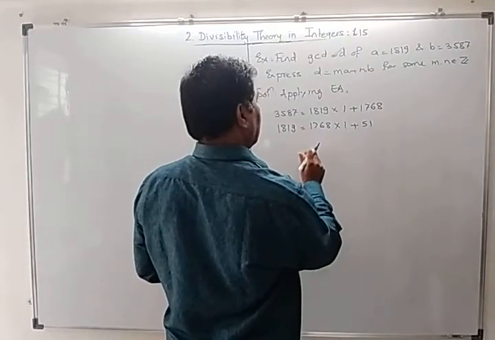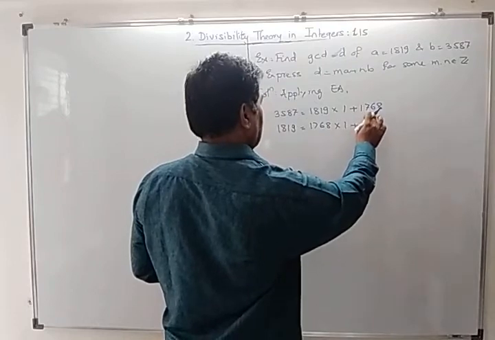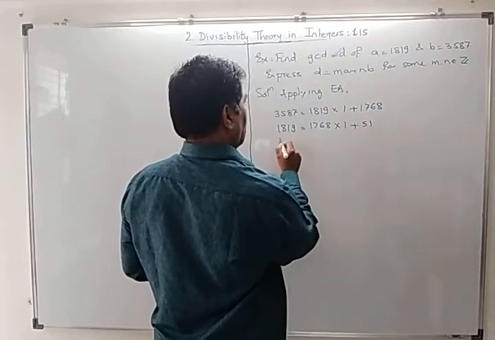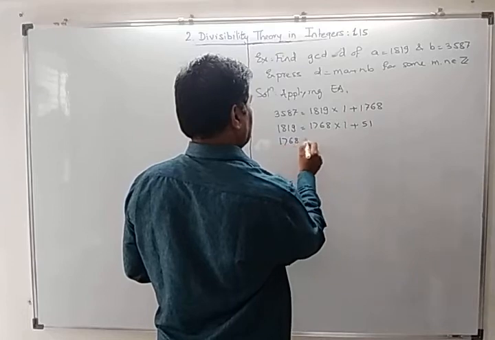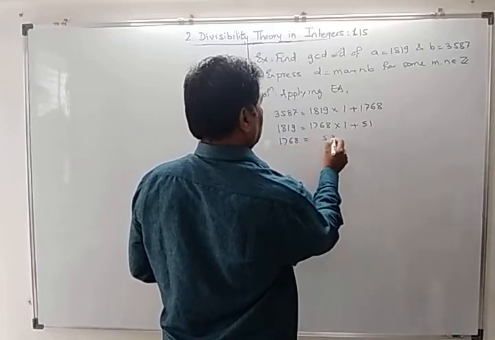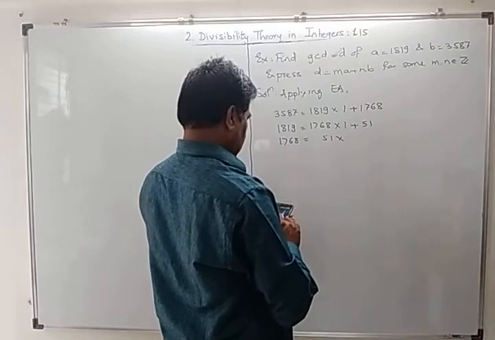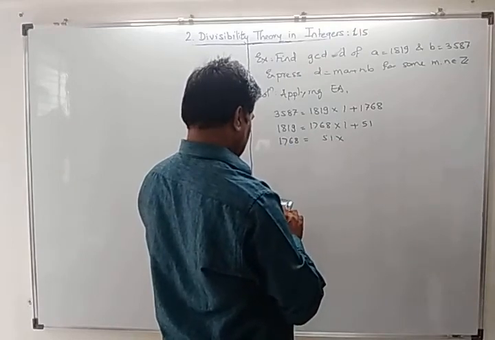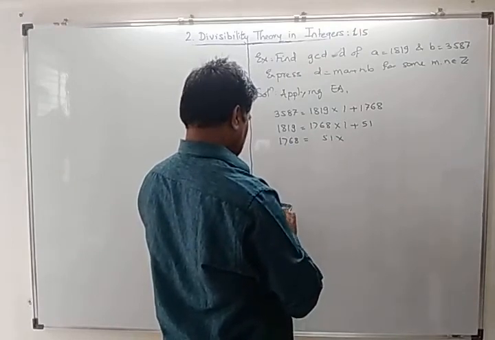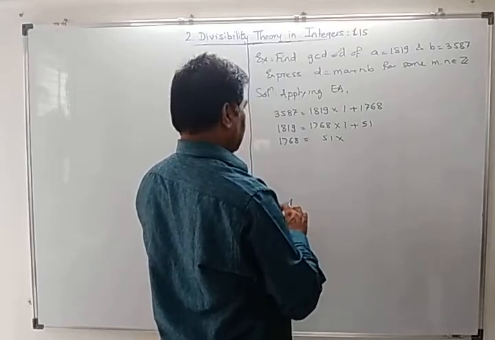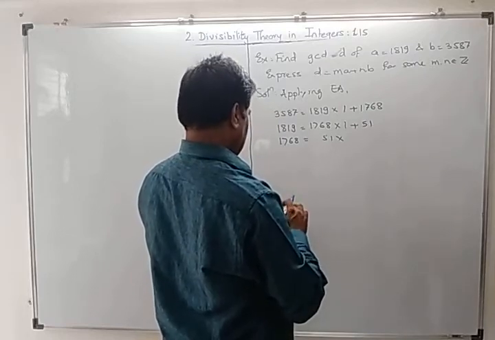Then we will divide the previous remainder by this 51. 1768 is equal to 51 into, we will divide 1768 by 51.